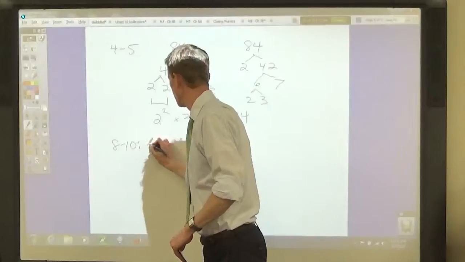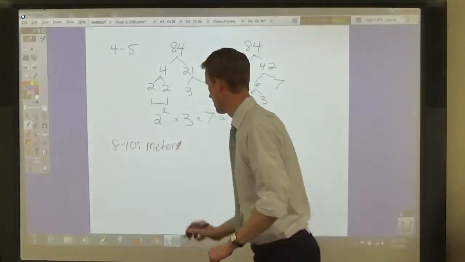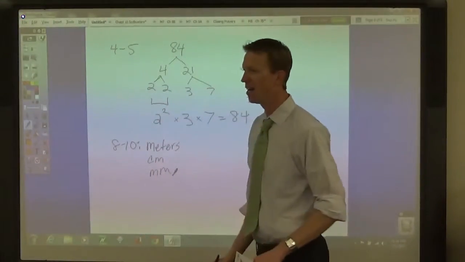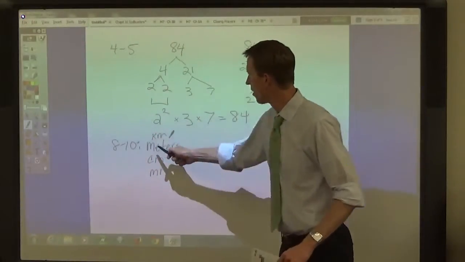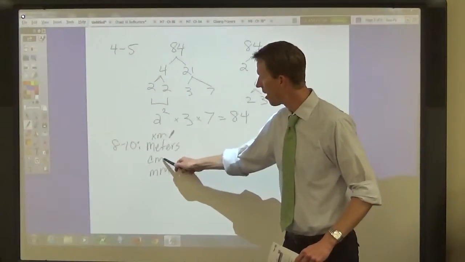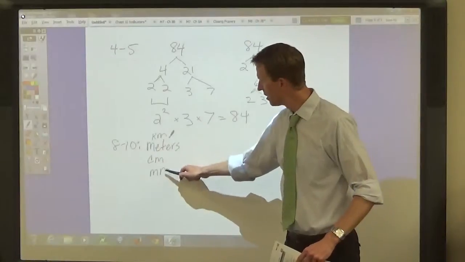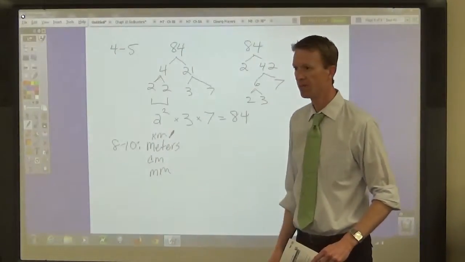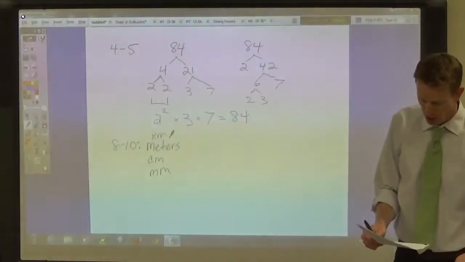What goes with meters? Centimeters, millimeters, and kilometers. Kilometers are the biggest, right? There's 1,000 meters in a kilometer. There's 100 centimeters in a meter. And there's 10 millimeters in a centimeter, right? So use those to answer those questions.